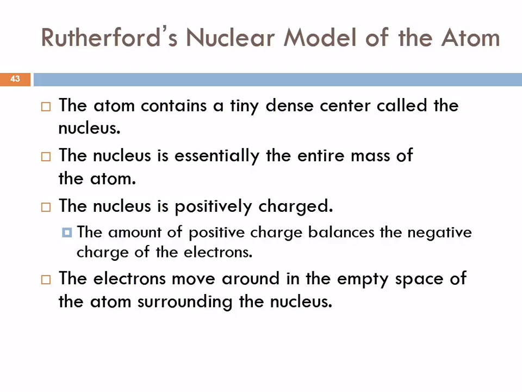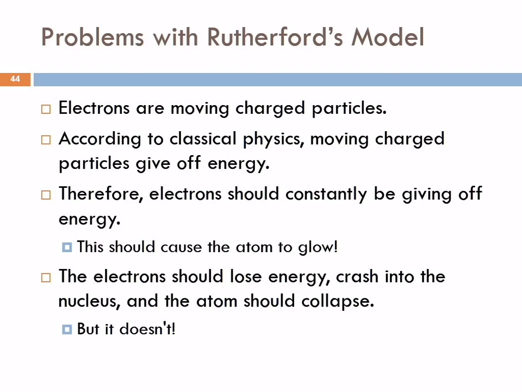The big question is, what are those electrons doing in that empty space? Electrons are moving charged particles in Rutherford's model. Well, according to classical physics, moving charged particles give off energy. If they're giving off energy constantly, we might expect that the atom is glowing, giving off energy all the time.